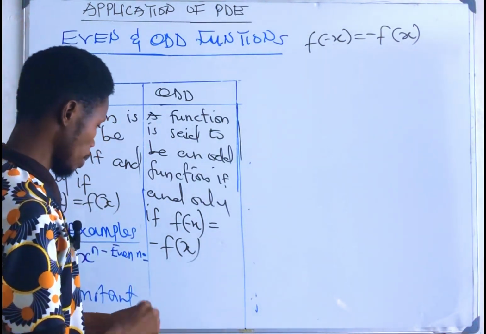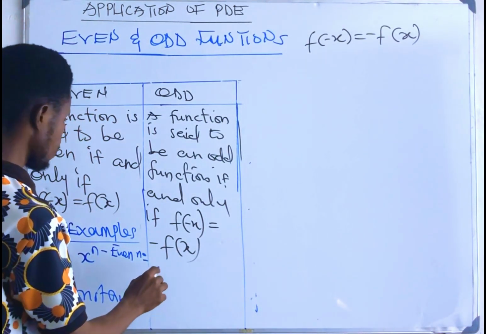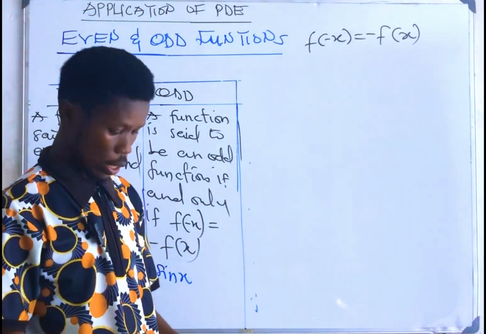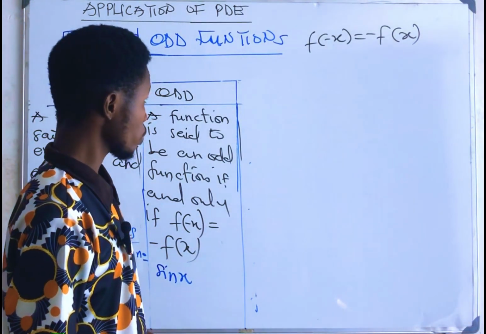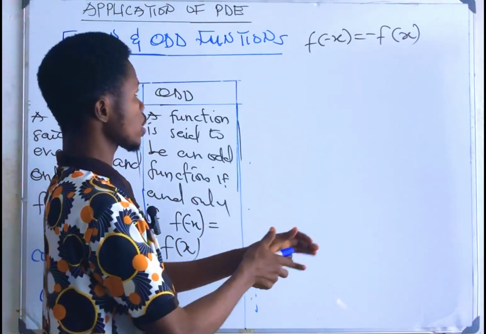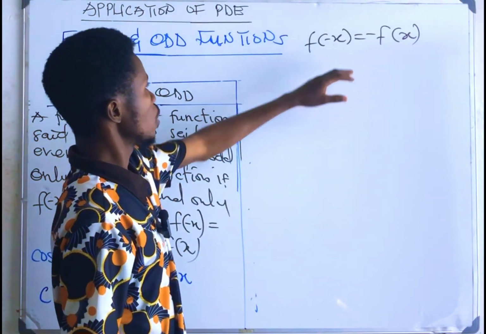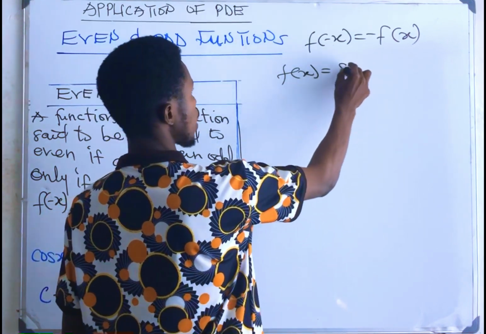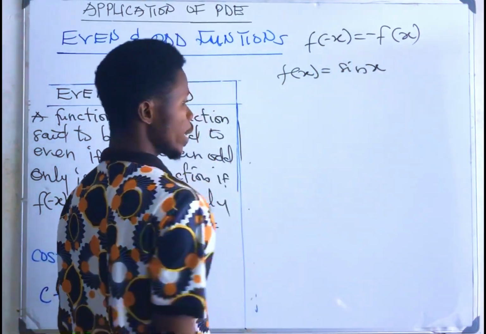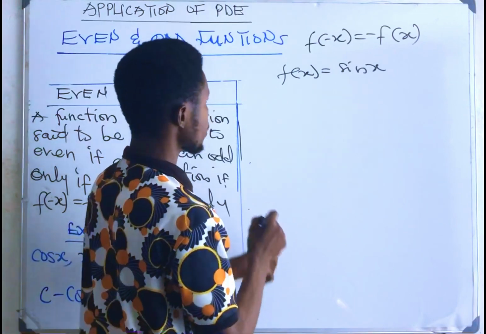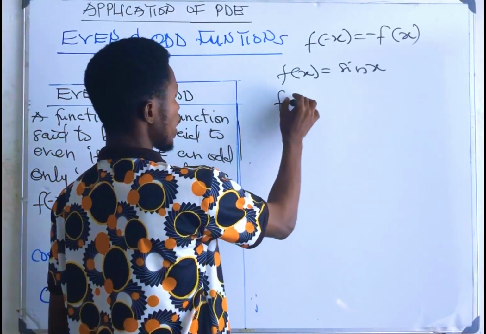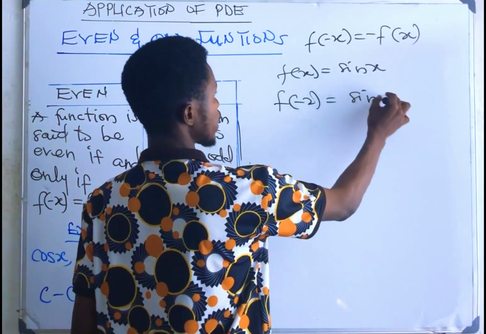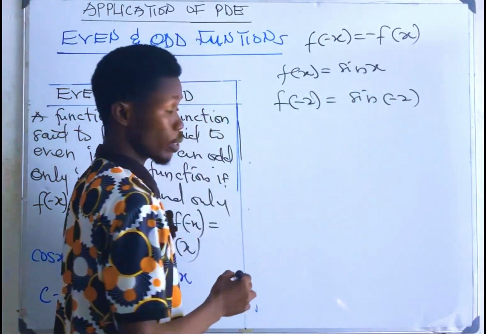Now let's look at some examples. First one, sine x is the first candidate for odd functions. Yes, because if I take f at x to be equal to sine x, then if I take f at, let's say, negative 2, what am I going to get? I'm going to have sine of negative 2, right?